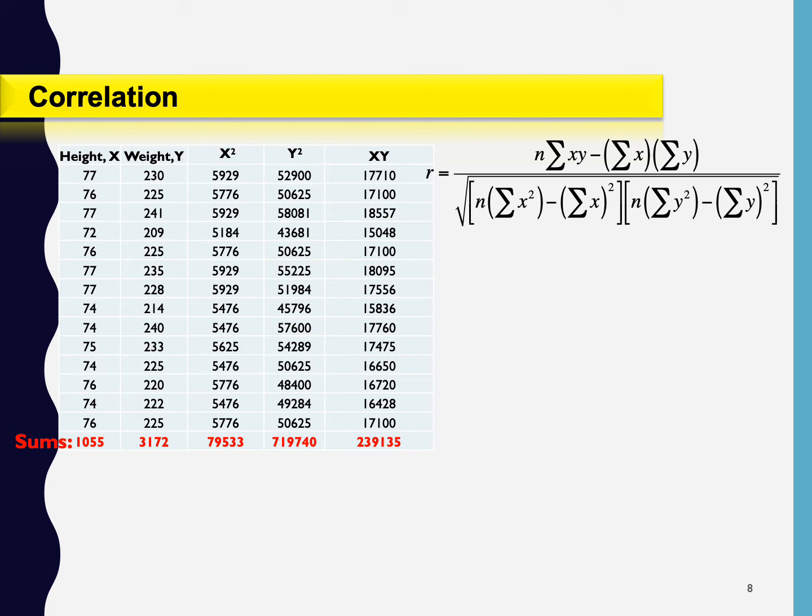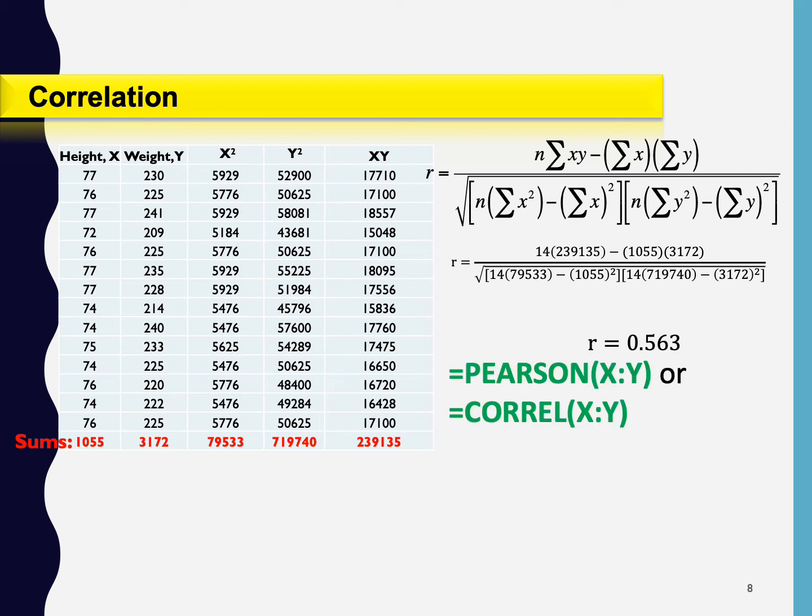Substituting the sums in the formula for the Pearson moment correlation gives us a computed R of 0.563, or 0.56. To get the value of R using Excel, you can use the function PEARSON(x, y) or CORREL(x, y). It will also give you 0.56.